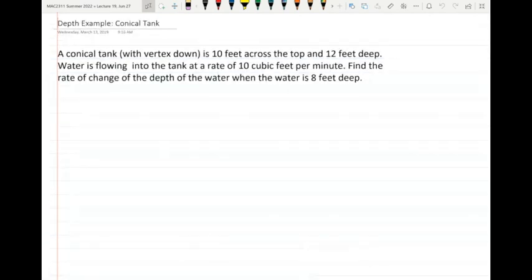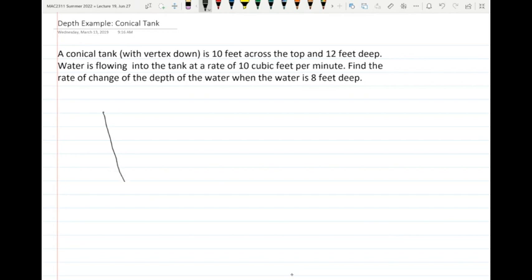Okay, let's see. So let's draw a little picture to understand better what's happening. So we have a conical tank. So I'm just gonna draw a cone here. Something like this. We have our tank, and then water is coming into the tank. Let's say there is a little entrance here, and then water is coming into the tank.